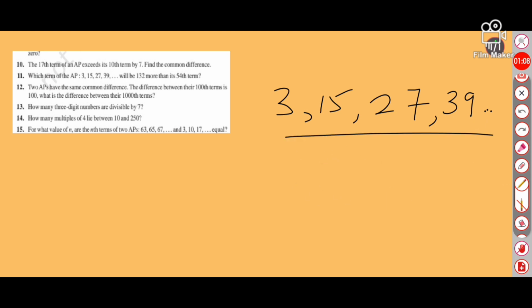So this is the sequence. Now a will be equal to 3. The common difference will be 15 minus 3, that is nothing but 12. That is the same for the entire sequence, because it is an AP.